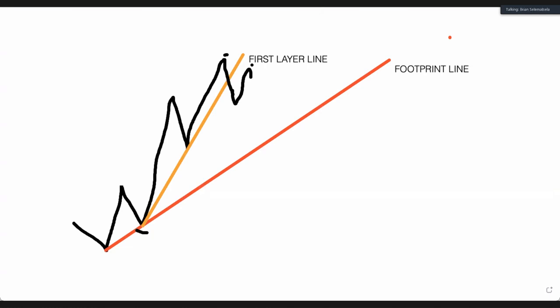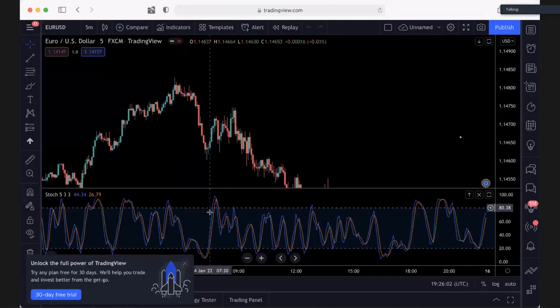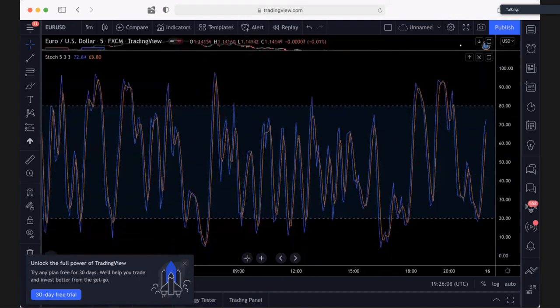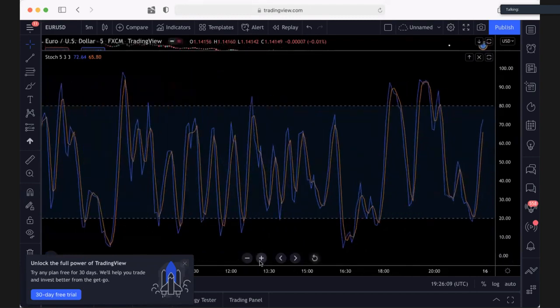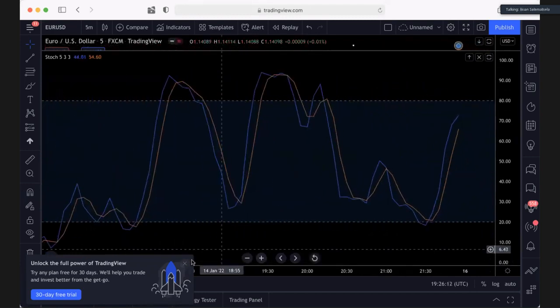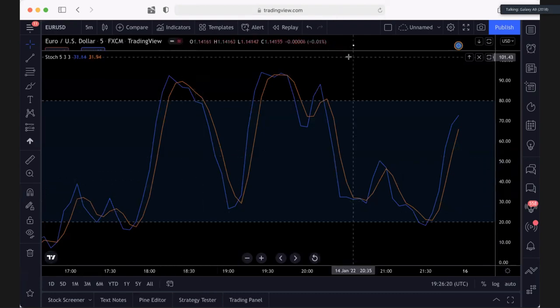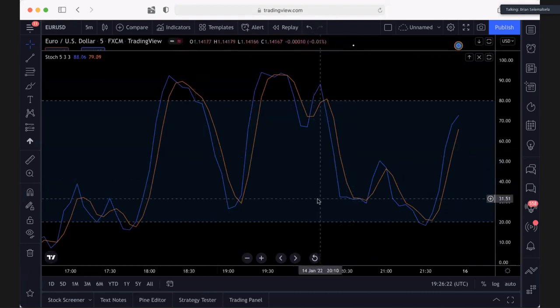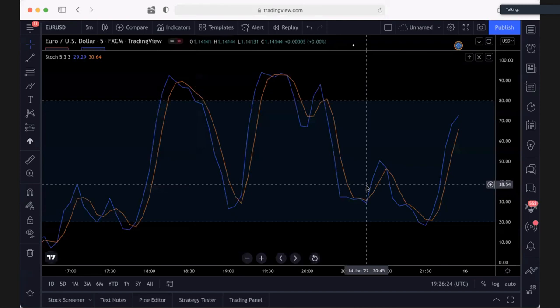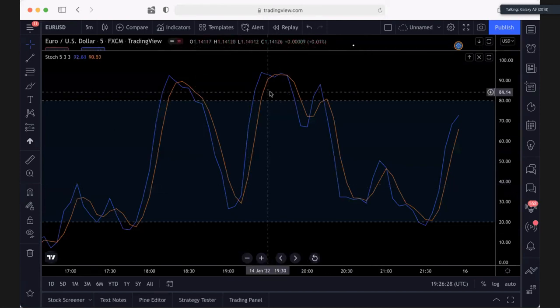Let me show. So you guys can see the purple line and after the line, so see the purple.